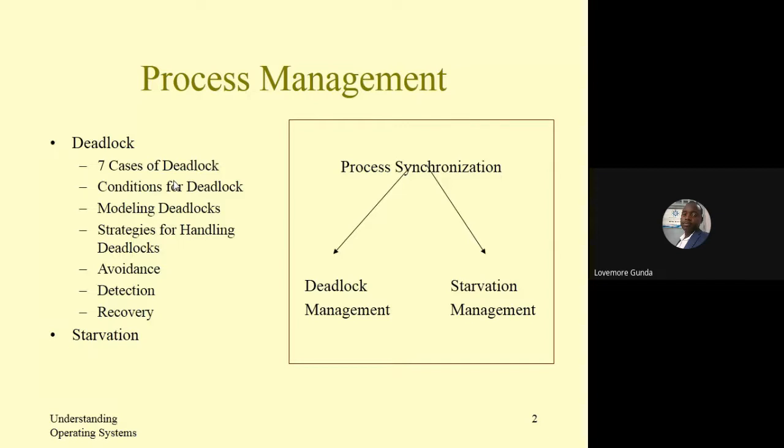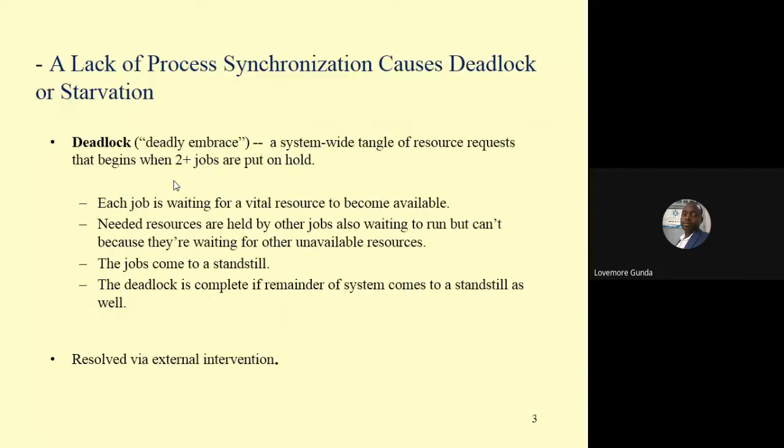So in other words, these situations are managed by the operating system as it synchronizes the processes, right? So it manages deadlocks and starvation. If there is a lack of process synchronization, there can be a deadlock or a starvation.